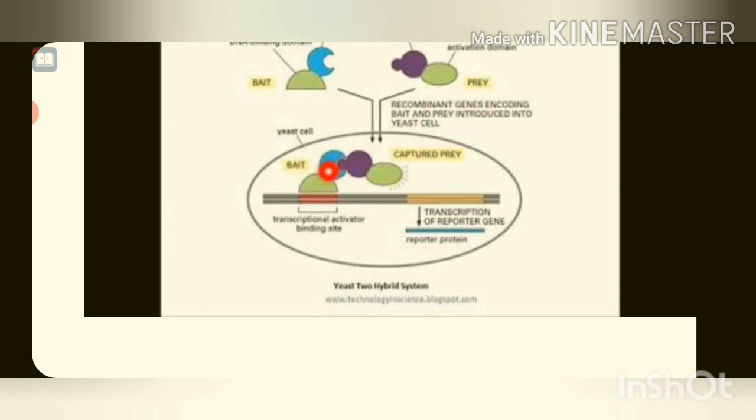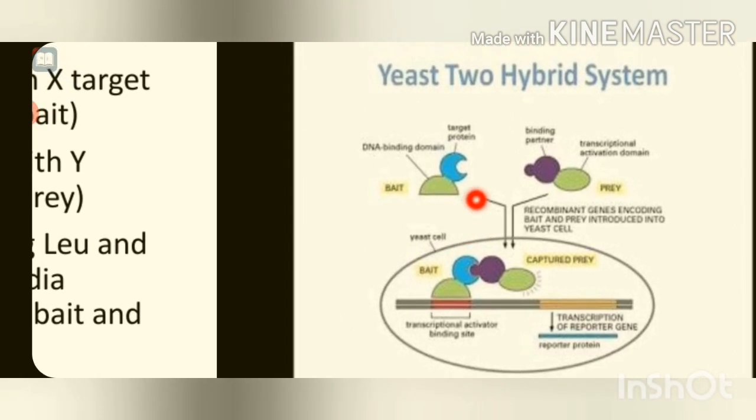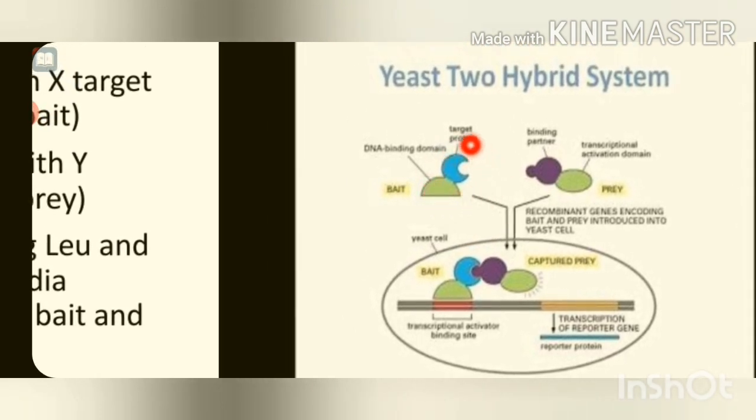While they are interacting, bait and prey interact with each other, and then the activation domain recruits RNA polymerase. Hence the reporter gene is transcribed and we get the transcription product. And if these two proteins are not interacting with each other, the transcription will be off, so we will not get the expression of the reporter gene.